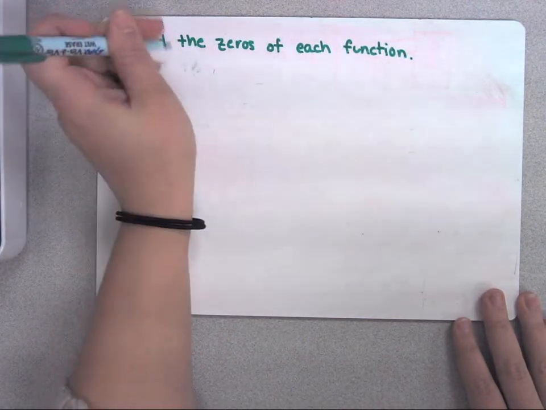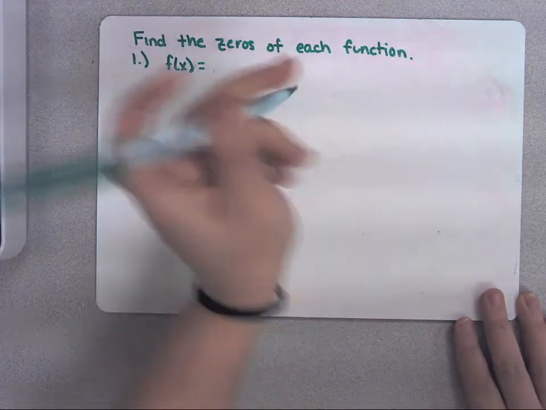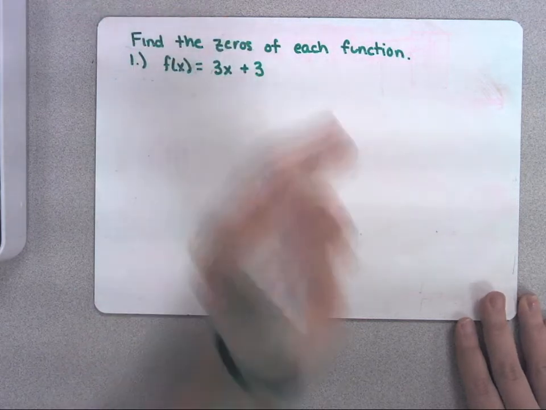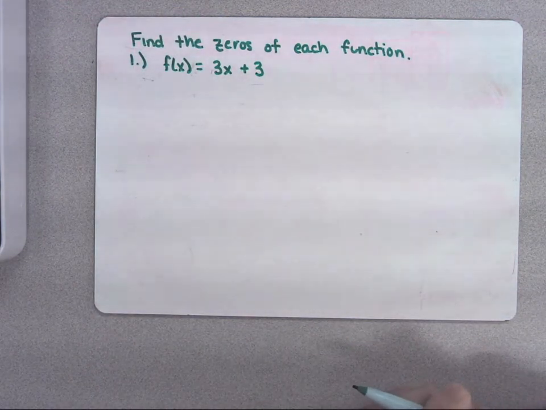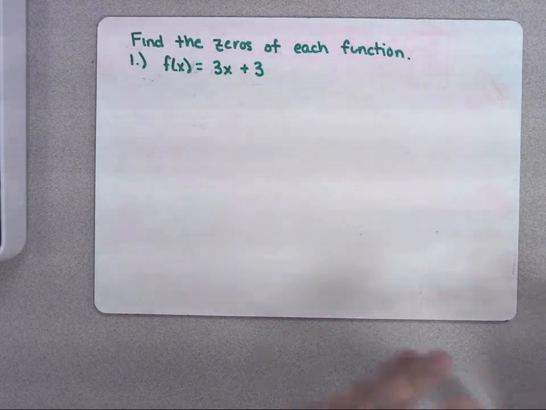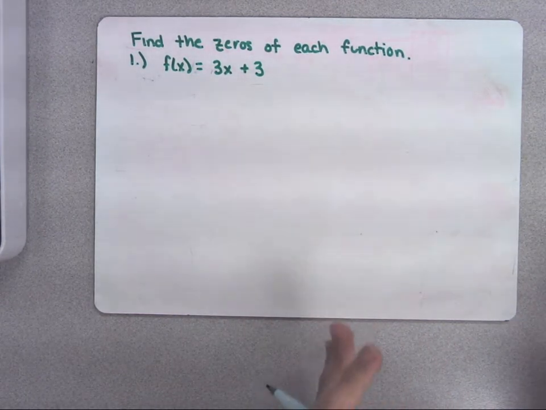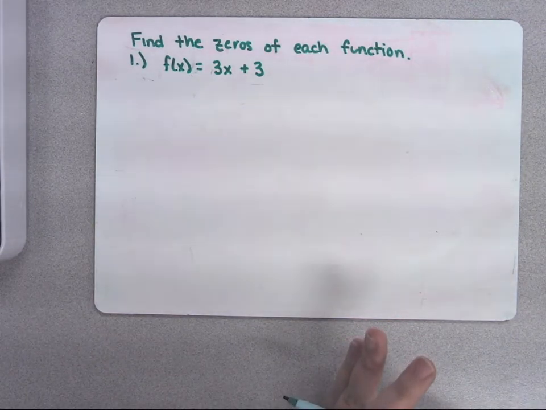First one, this is our equation. F of x equals 3x plus 3. Again, they are like, oh, let's make a table. Let's do all this stuff. Don't do that. Just think about how we did this yesterday. If you wanted to find a 0, which in our head we go, oh, that's just an x-intercept, right?